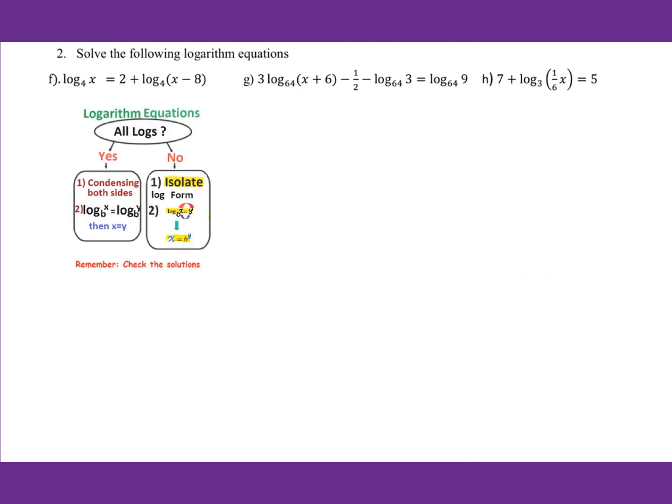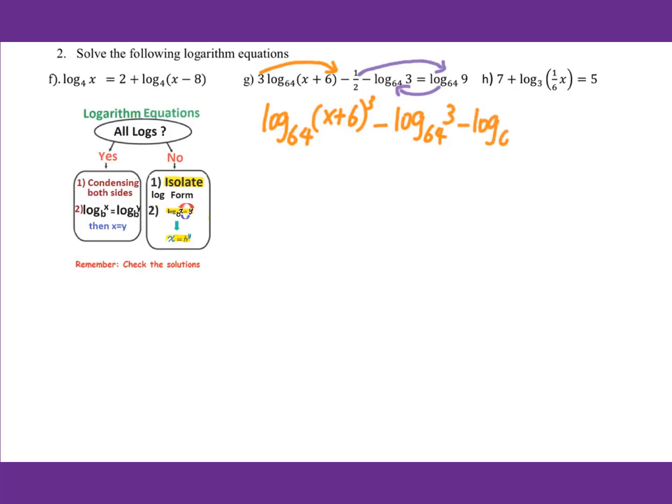It's not all logs, therefore isolate the log on one side, number on the other side. Then if you have a number before log, we jump as exponent. You will get the log base 64 of (x plus 6) to the third power minus log base 64 of 3 minus log base 64 of 9 equals 1 over 2.